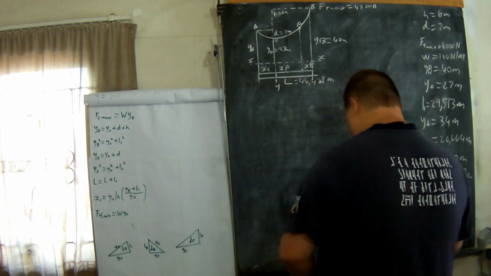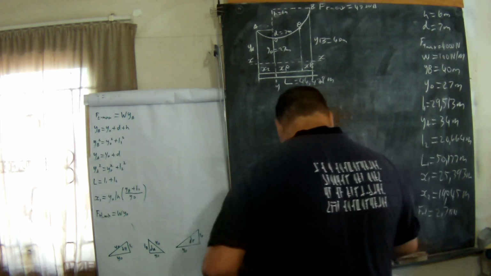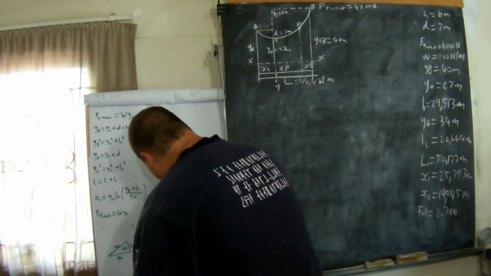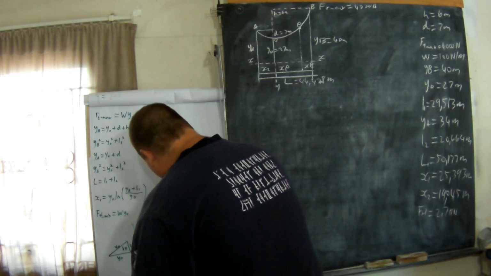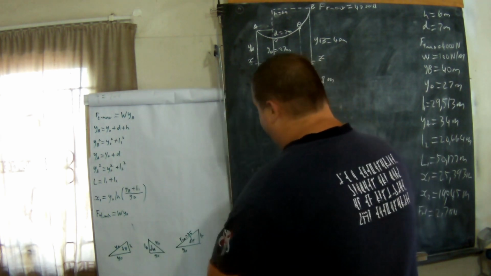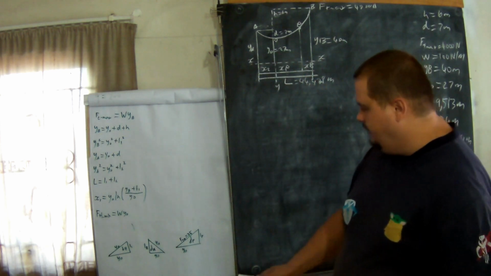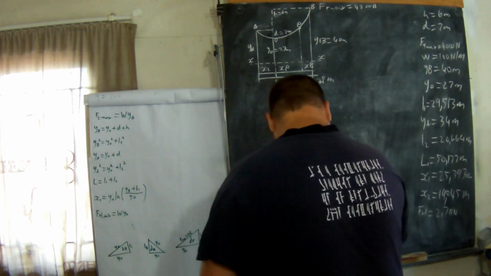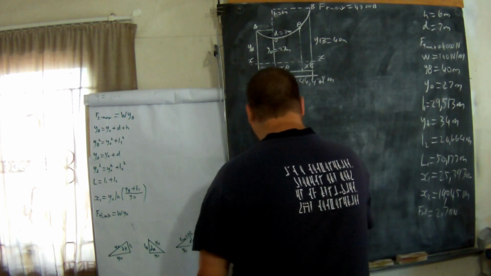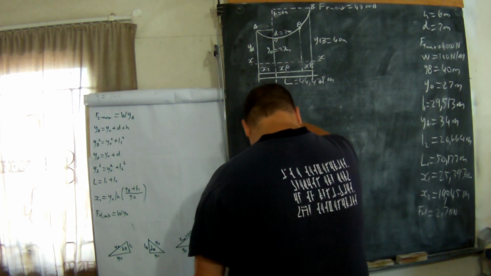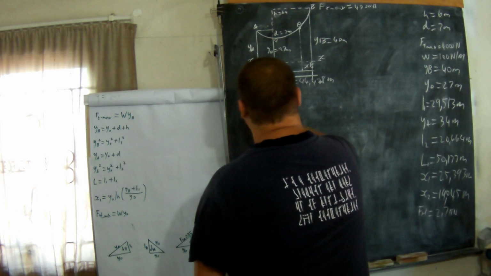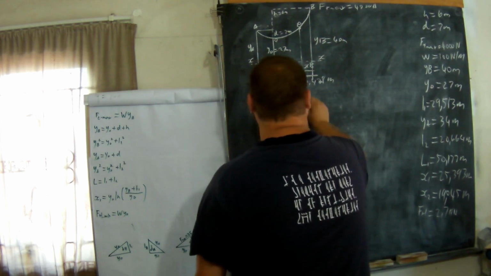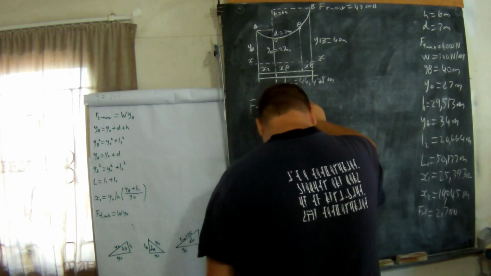And we finally have a value for FTP, which is 3,500 because it's 3.5 kilonewtons.